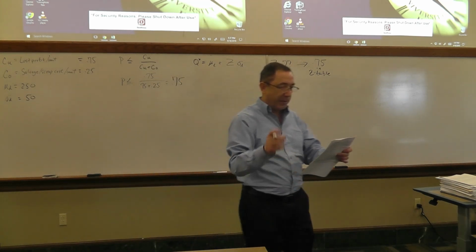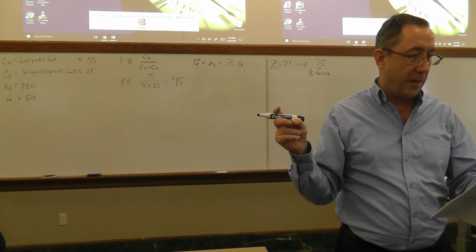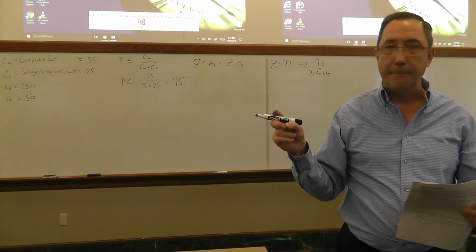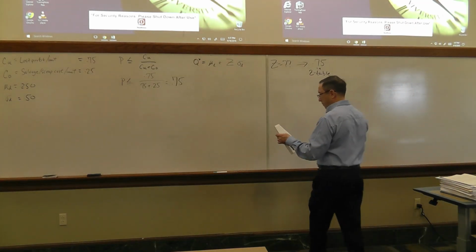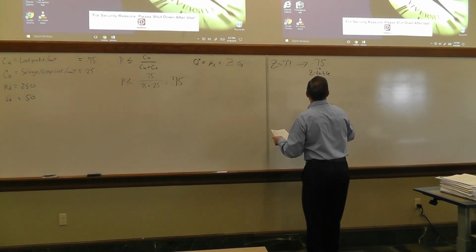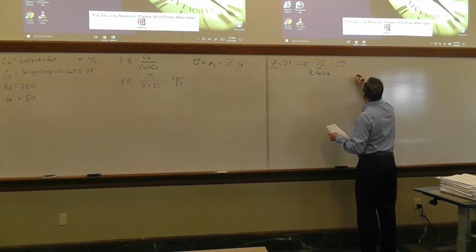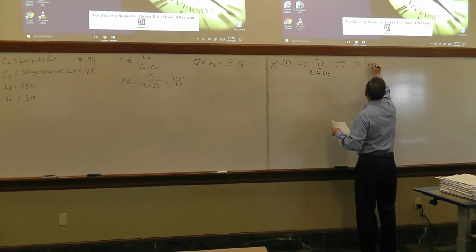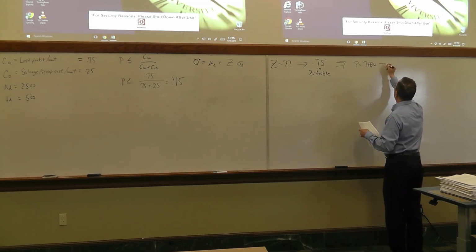So we look for the biggest probability that does not exceed 0.75. And I have a probability of 0.7486. And I see that with a Z of 0.67. You guys see that? Probably 0.7486, that's the biggest one that does not exceed 0.75.